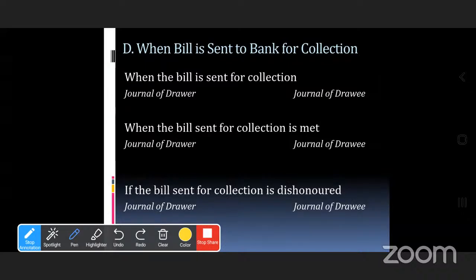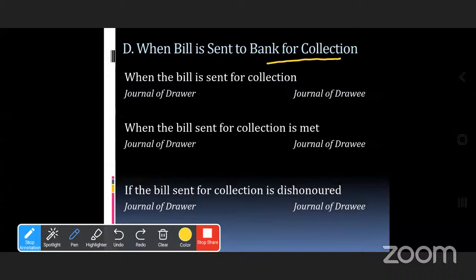The act of the drawer sending a bill of exchange to the bank for safety and collection purposes is called bill sent for collection. It should not be confused with the discounting of the bill.